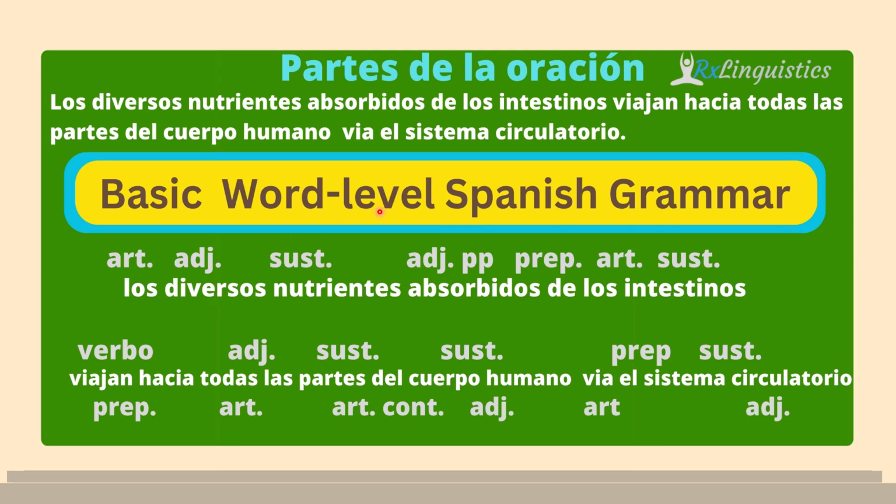It's called word level grammar. You have this as an article, you have this as an adjective, you have this as a noun, which is sustantivo. This is a participial adjective. This is a preposition. This is an article again. This is a noun called sustantivo. Things like that. This is what you learn in module 1.